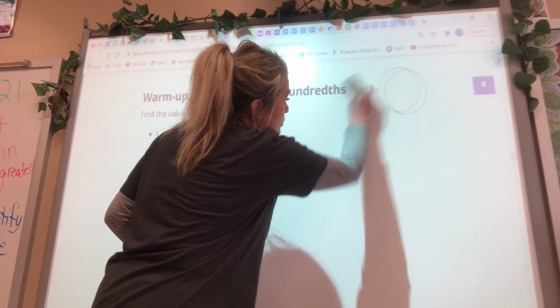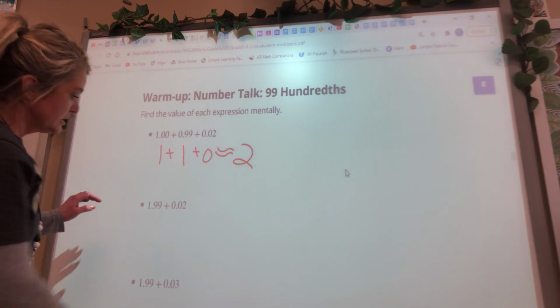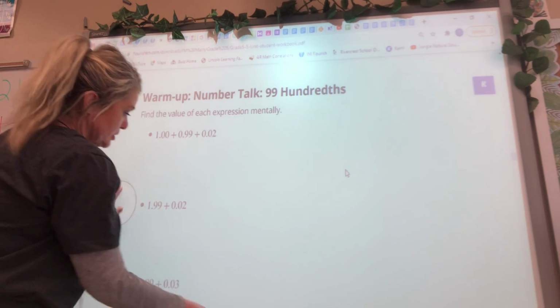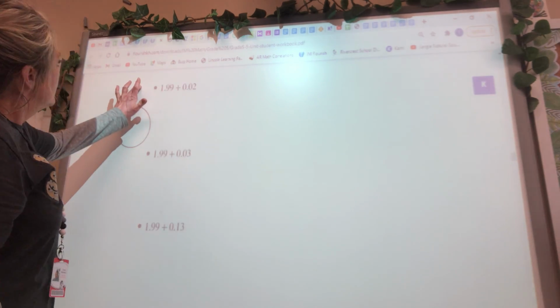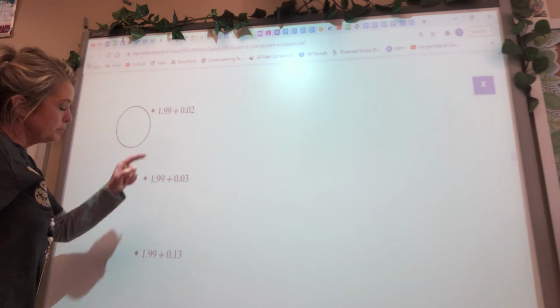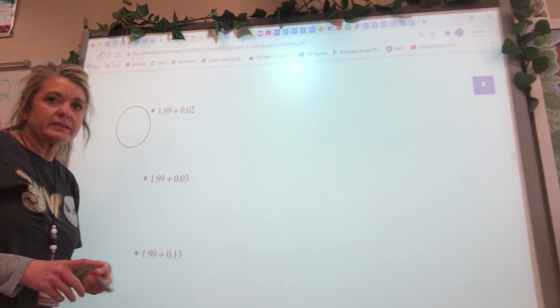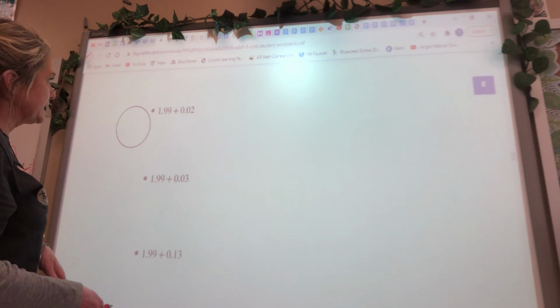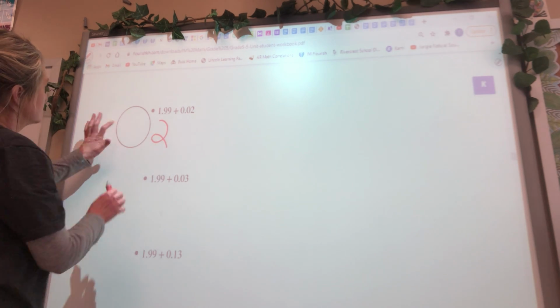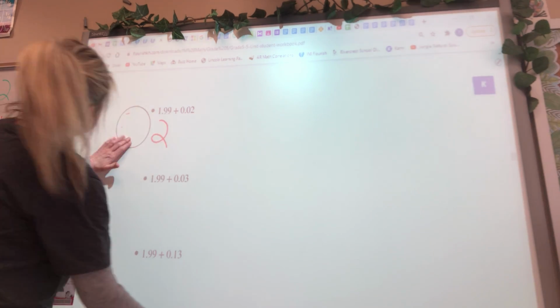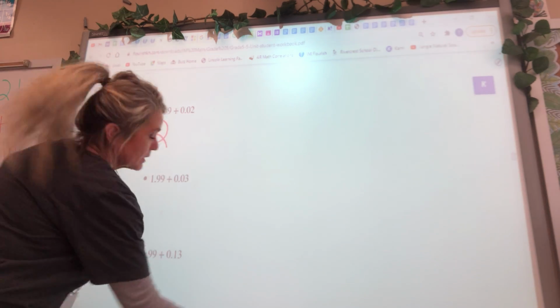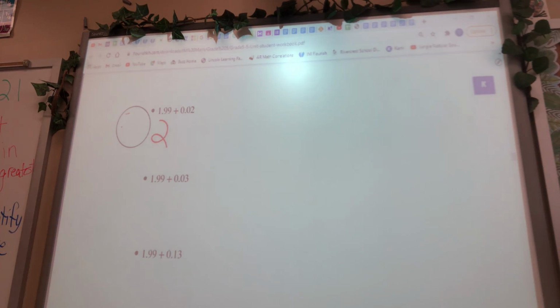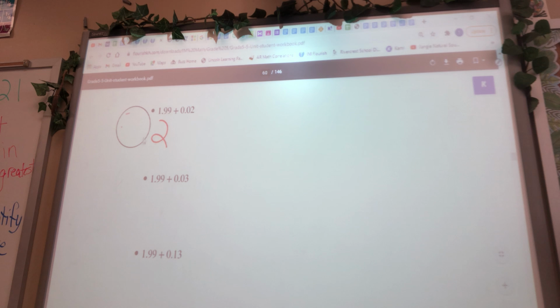Okay, on the second one, if we just look at it mentally, just quick mental math, we have 1.99. And if I'm thinking about that like money, it's like $1.99. So it's about 2. Let me get this circle off the screen just a minute. Well, it doesn't want to come off the screen.